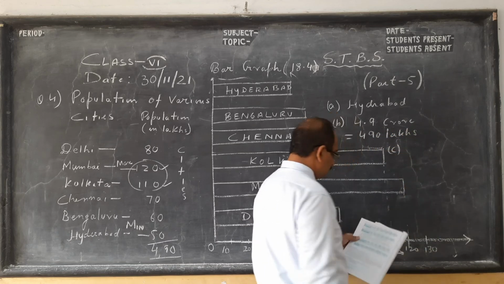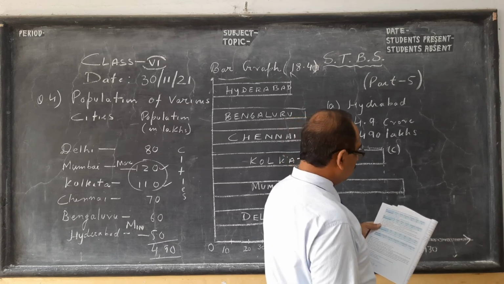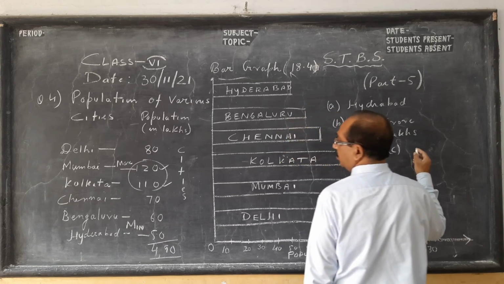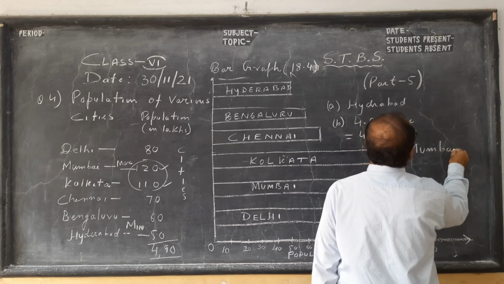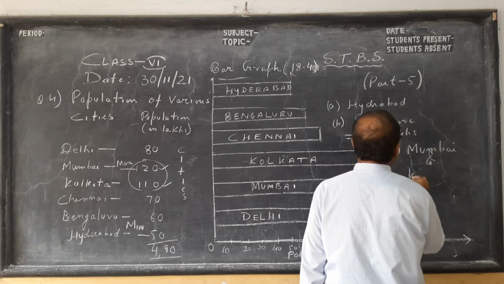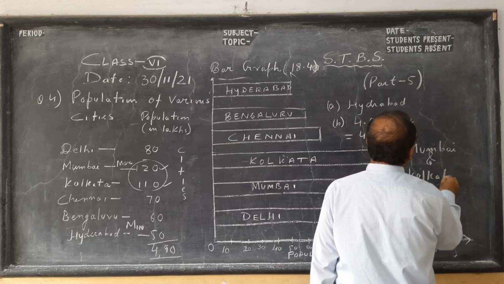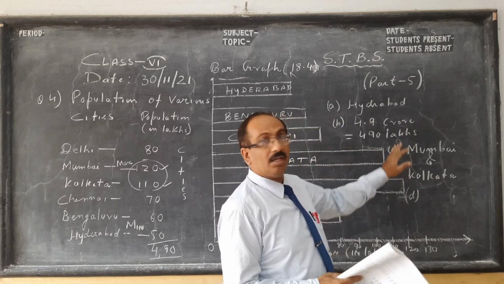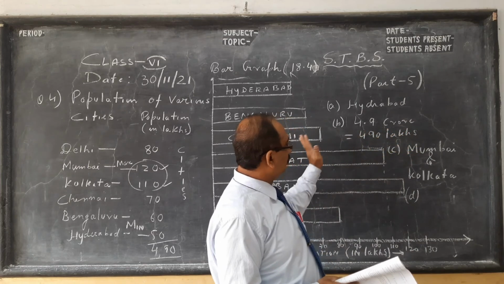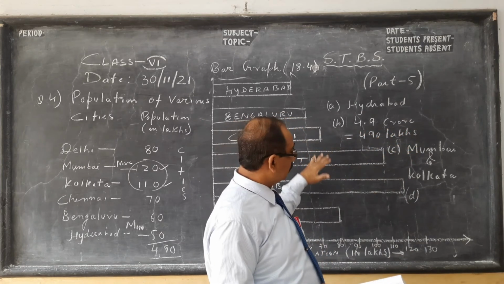Next, children, is how many cities have population more than 1 crore? I told you, Mumbai and Kolkata. Last question, children, part D. You have to write this on the other side or below this graph.